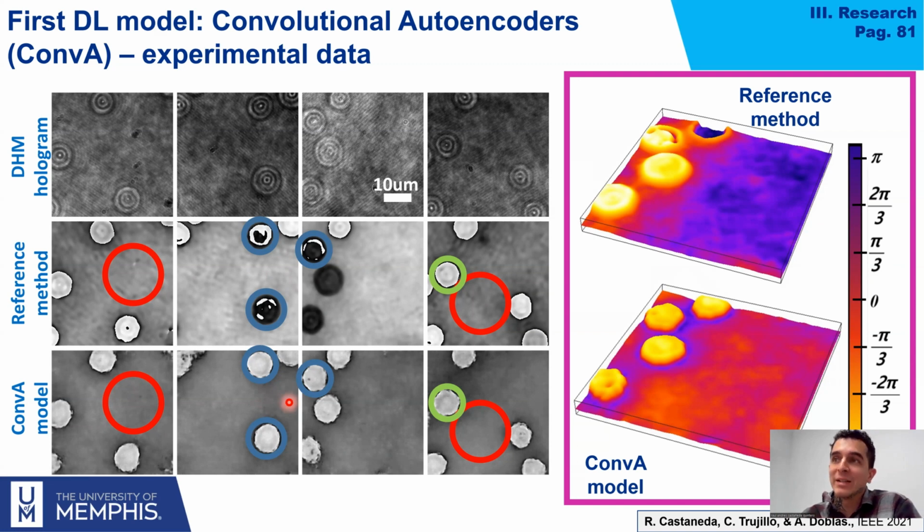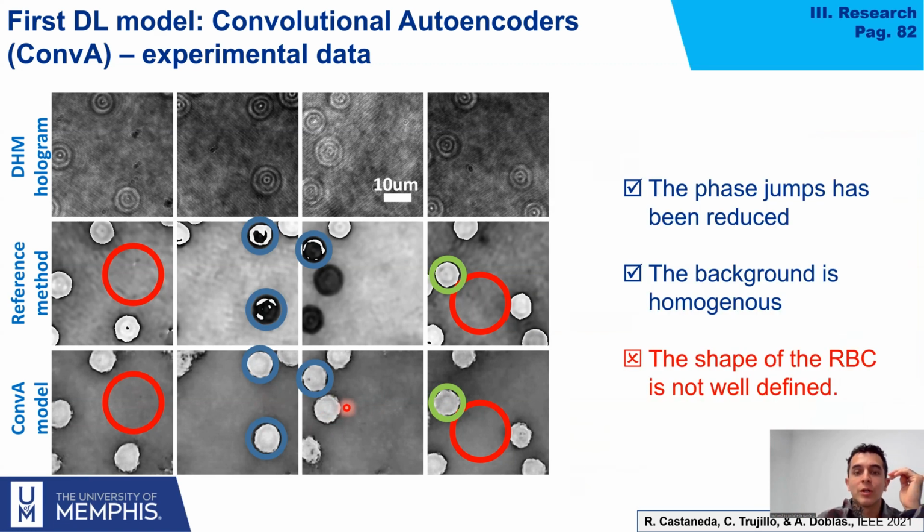Okay, but there is a problem with the convolutional model: because of the convolution process, some important information at the border of the red blood cell is completely deleted. So the shape of the red blood cell is not well defined.